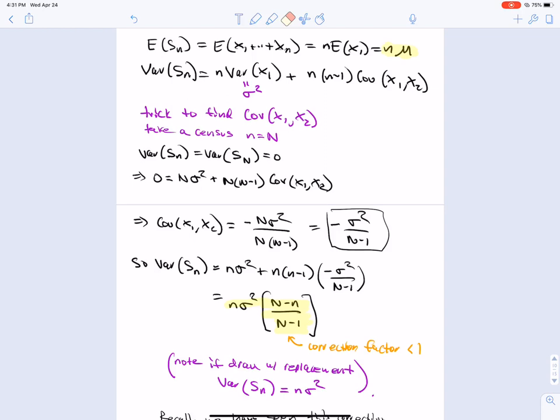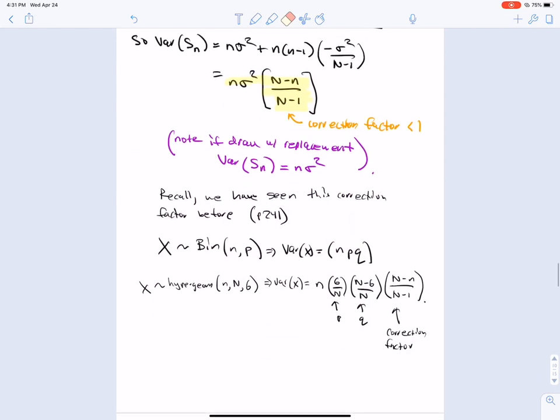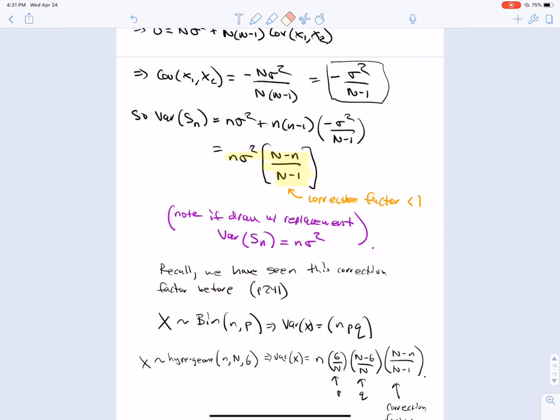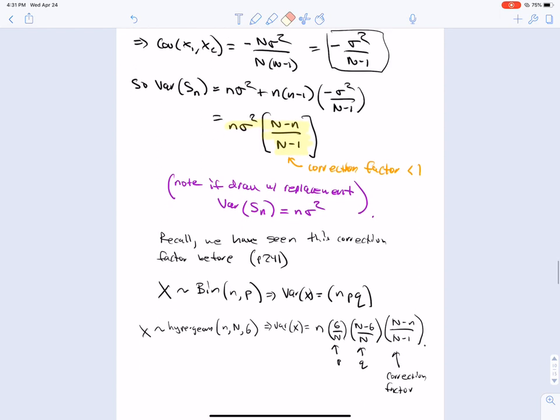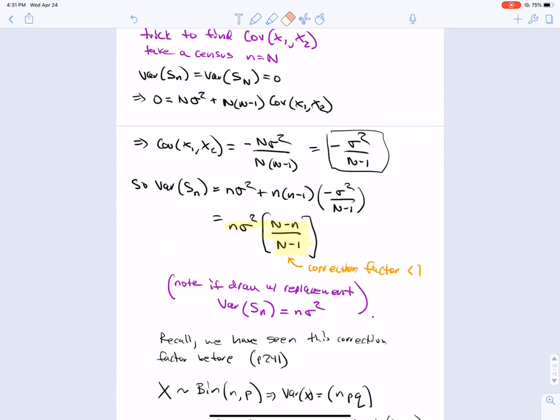Capital N minus little n over capital N minus 1 is the correction factor that you get for sampling without replacement instead of sampling with replacement. If you had sampled with replacement, your variance of Sn would have just been n sigma squared. But because you sampled without replacement, we have this correction factor.